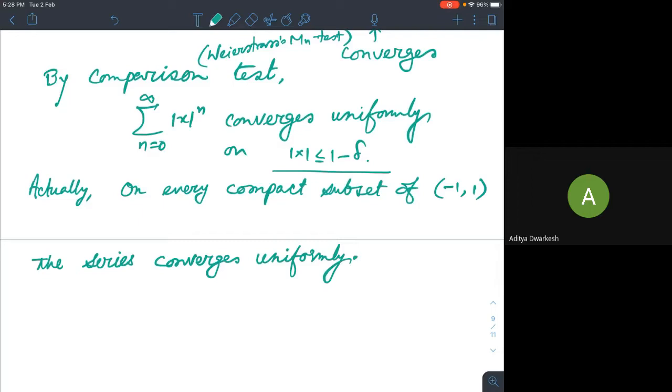Actually, we have shown more. We have shown it converges absolutely and uniformly too.